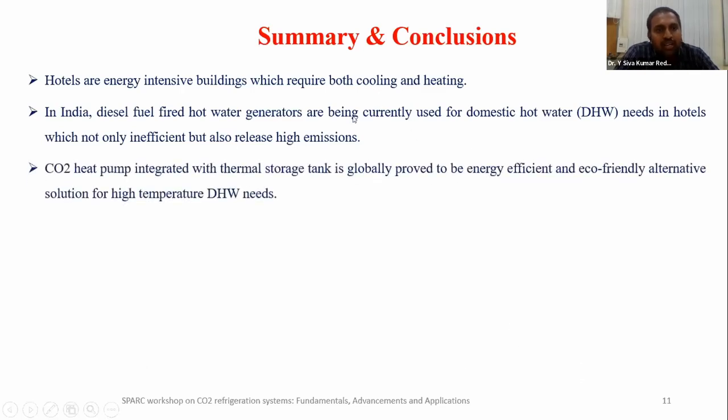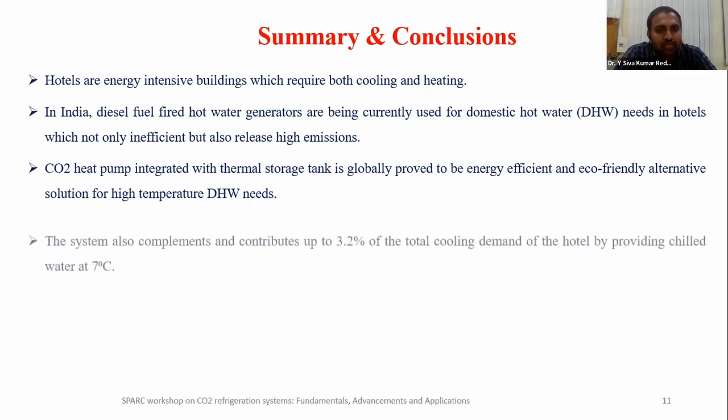So these are not only energy inefficient, but also release huge emissions. A CO2 heat pump integrated with a thermal storage tank is globally proven to be an energy-efficient and eco-friendly alternative for domestic hot water demands.